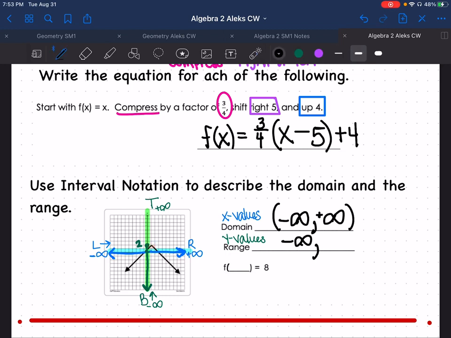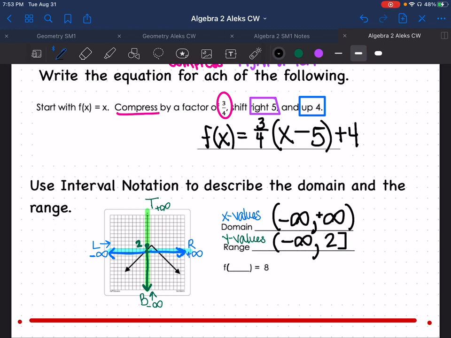So I'm going to stop it right here at 2. There's no graph up here above 2 on the y-axis. Infinity always gets the parentheses, and the 2, since it was a closed point on my graph, I'm going to give it the bracket.